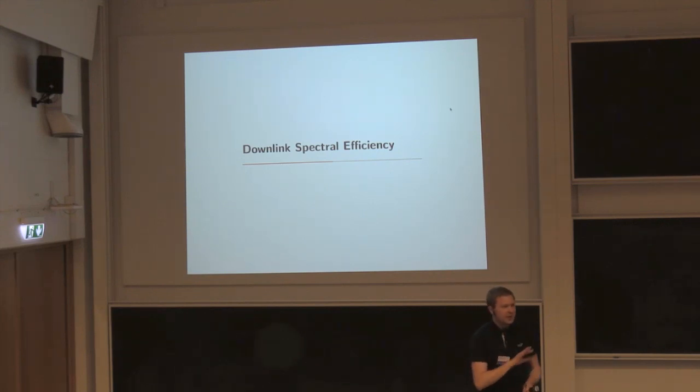But when you have done the uplink, it becomes a bit boring to do the downlink, because there is something called the uplink-downlink duality that says that if you compare an uplink expression for the spectral efficiency with a downlink expression, they will look very similar. It will just be that interference terms will have switched some indices. In the uplink, the interference is transmitted from users arriving at the base station, and in the downlink, the interference comes from base stations sent to users.